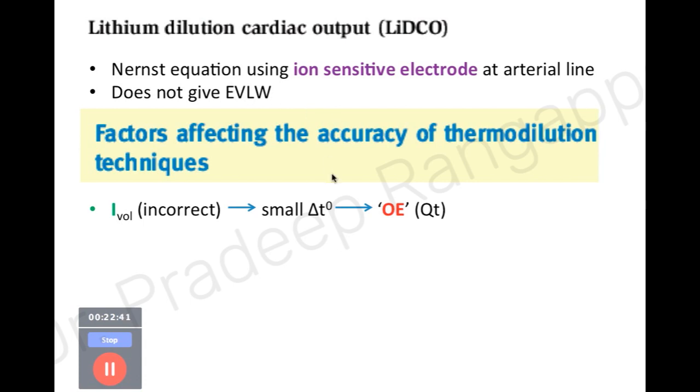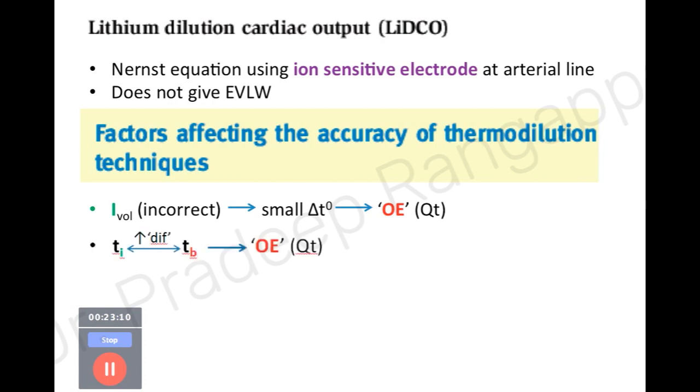The factors that affect the accuracy of thermodilution: first, if the injected volume is not correct, because there is a very specific volume that you need to inject. If you inject less volume, there is a smaller change in temperature between the RA and pulmonary artery in the case of the pulmonary artery catheter, or from the venous to the arterial circulation in PICO, and that can lead to overestimation of cardiac output.